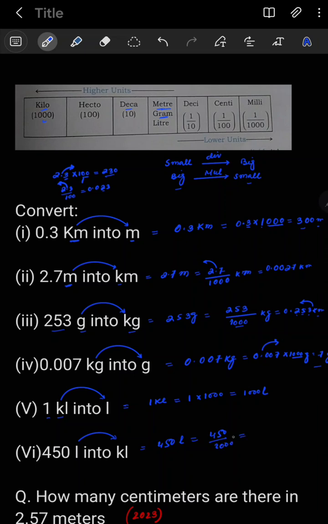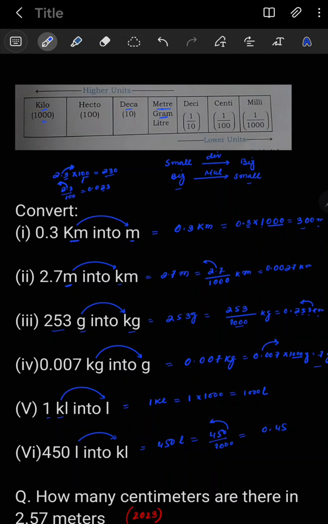If you divide by 1000, your point will sweep to the left side for division. So it will become 0.45. If you want you can write 0, and if you don't want then also it is correct, because at the last, if there is a 0 after the point, then that 0 has no value.